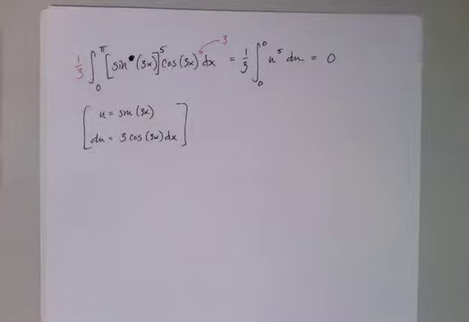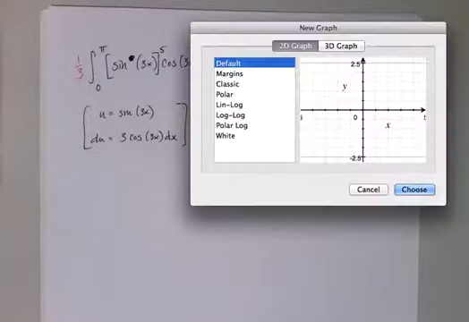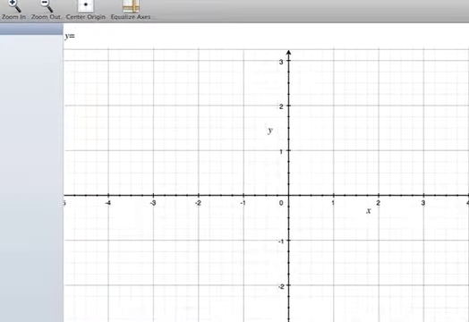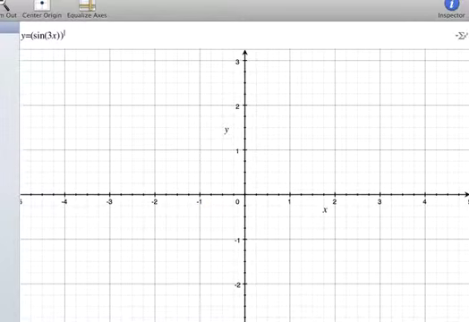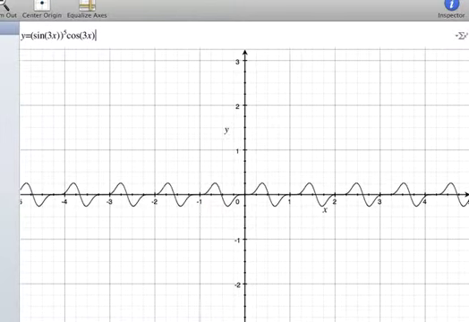Now, what that means, if you want to go back and think about our original way of thinking about integrals as the area under the curve, well, let's go ahead and graph sine of 3x, and let's raise that to the 5th times cosine of 3x.